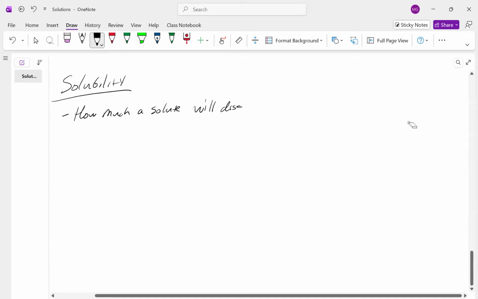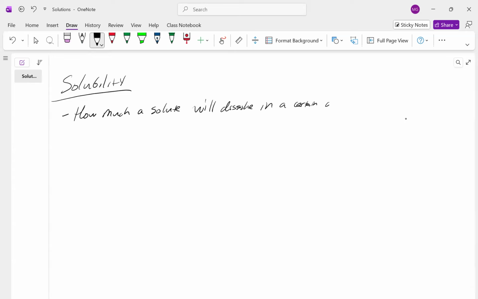But solubility is simply a measure of how much a solute will dissolve in a certain amount of solvent for a particular solvent. And this is commonly measured in something known as molar solubility, which will have units of moles per liter.